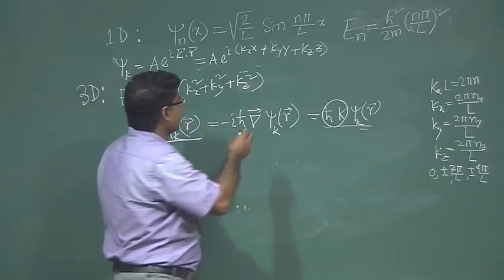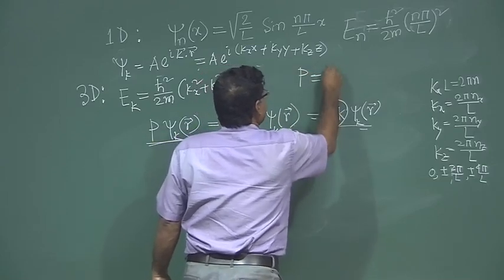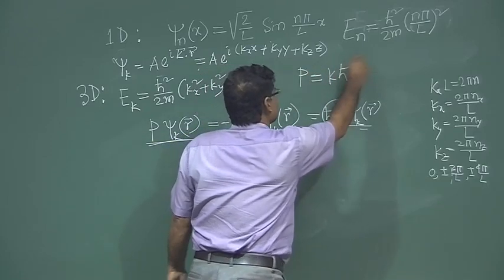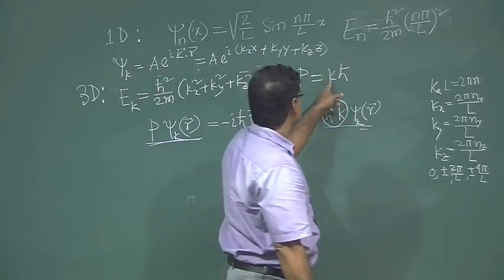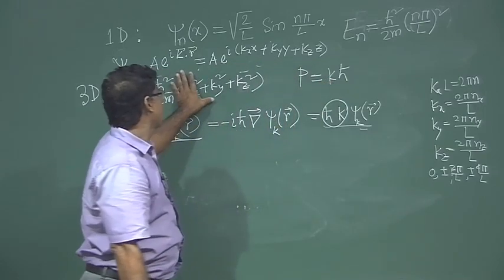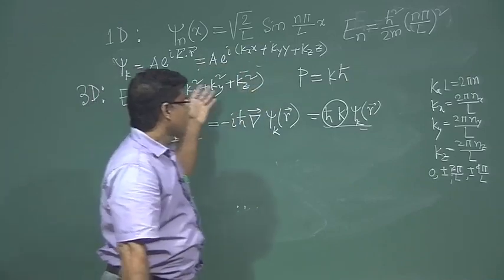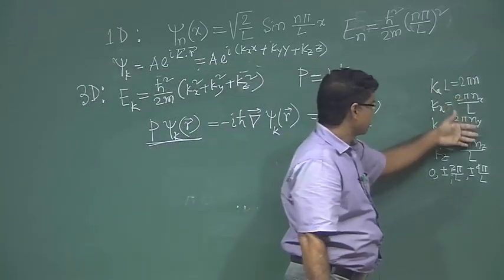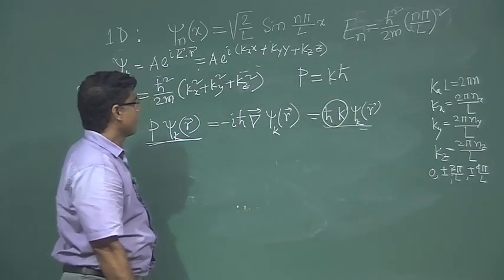So, momentum you are getting P equal to k h cross, where k is the square root of this, and in terms of L you have this kx, ky, kz value.